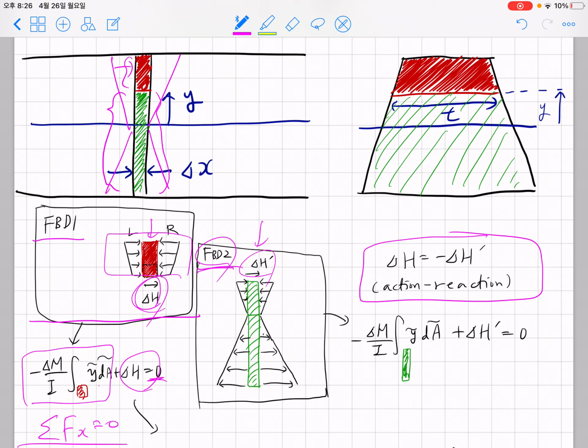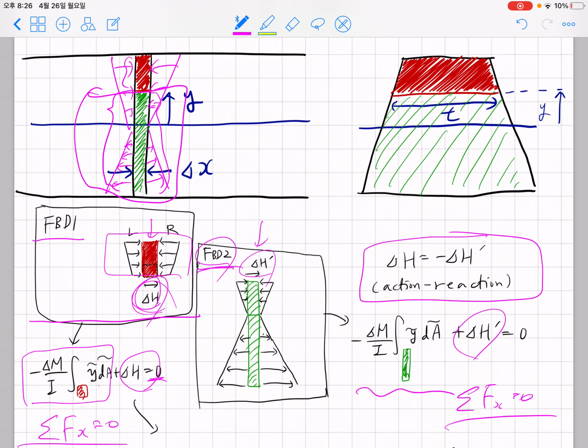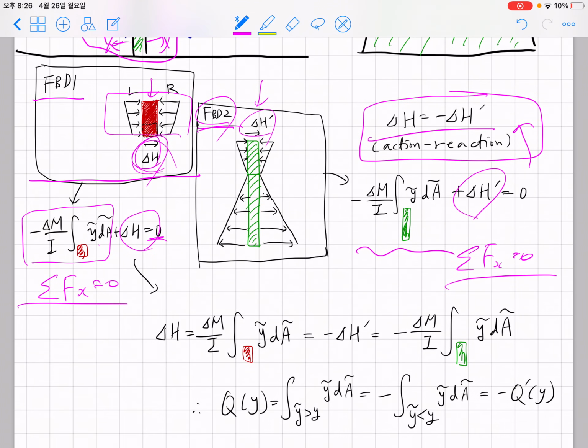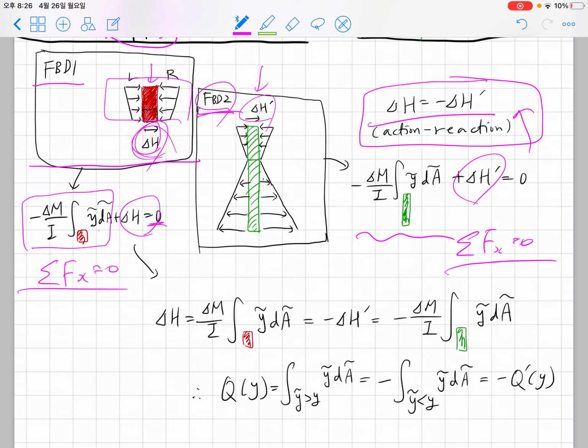So you have compression above the centroid, you have tension below the centroid, and I'm taking this as free body diagram. Okay, and this must be the expression for force equilibrium in x direction. So instead of delta H, you have to use delta H prime, and because of the action reaction principle, delta H and delta H prime must have this relationship. Now let's keep moving on a little bit.